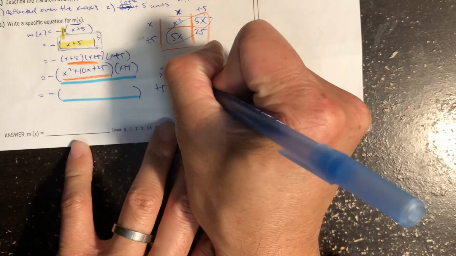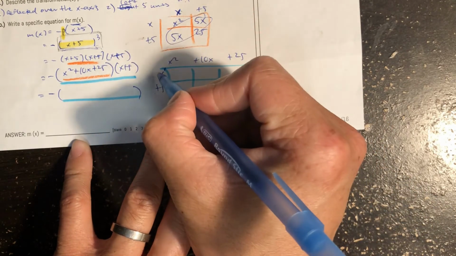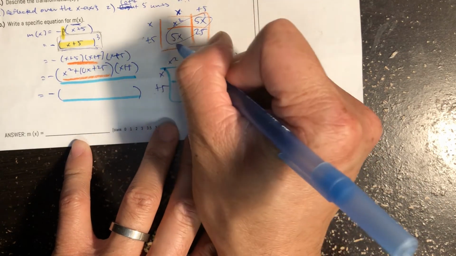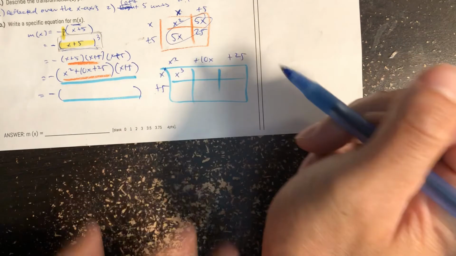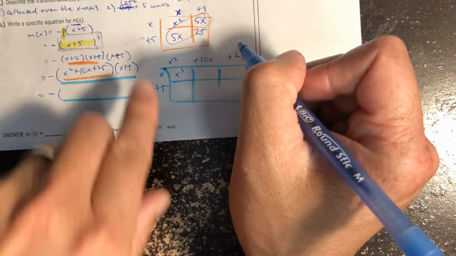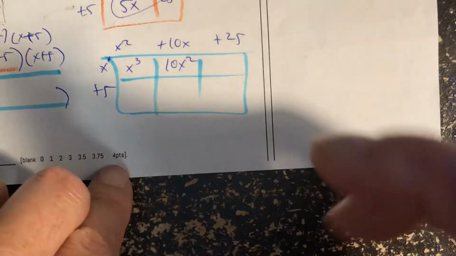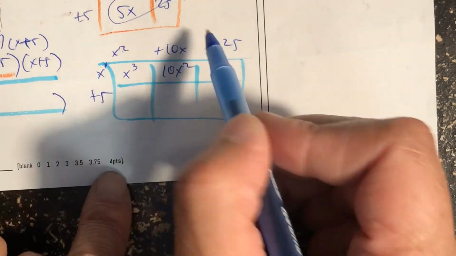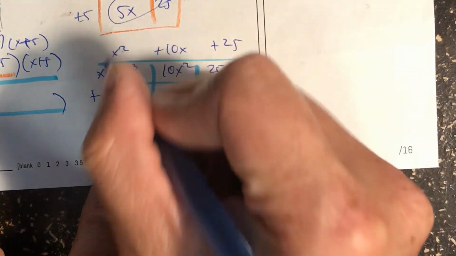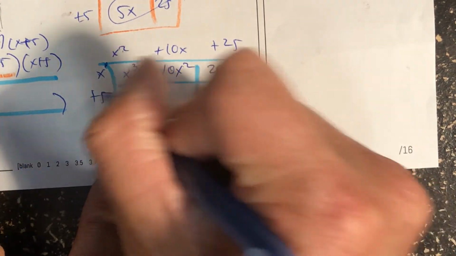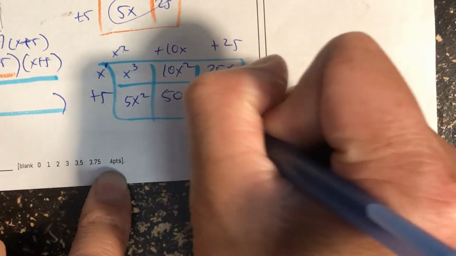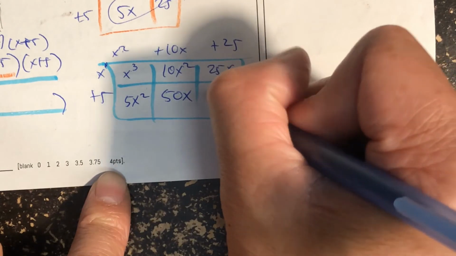X times x squared is multiplying the same base, add the exponents. That's x times x times x, which is x cubed. X times 10x gives me 10x squared. X times 25 is 25x. X squared times 5 is 5x squared. 5 times 10x is 50x. And 5 times 25 is 125.